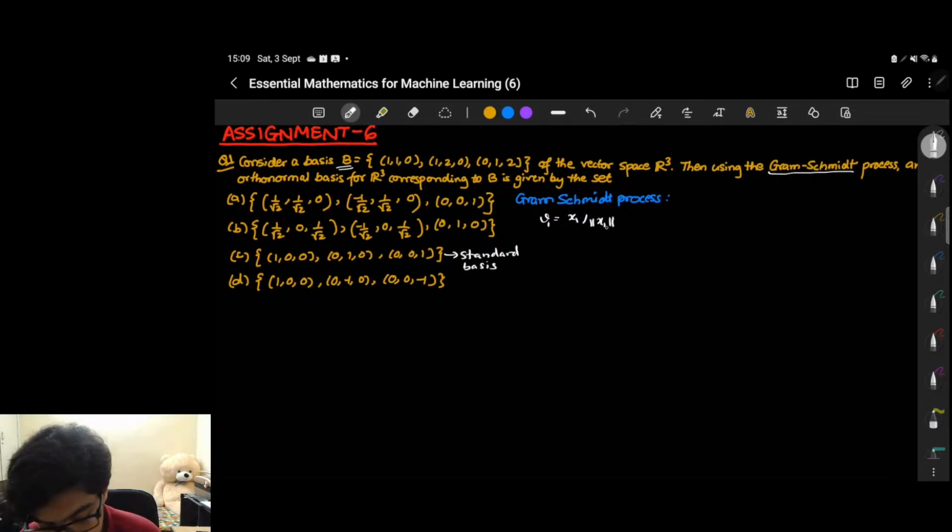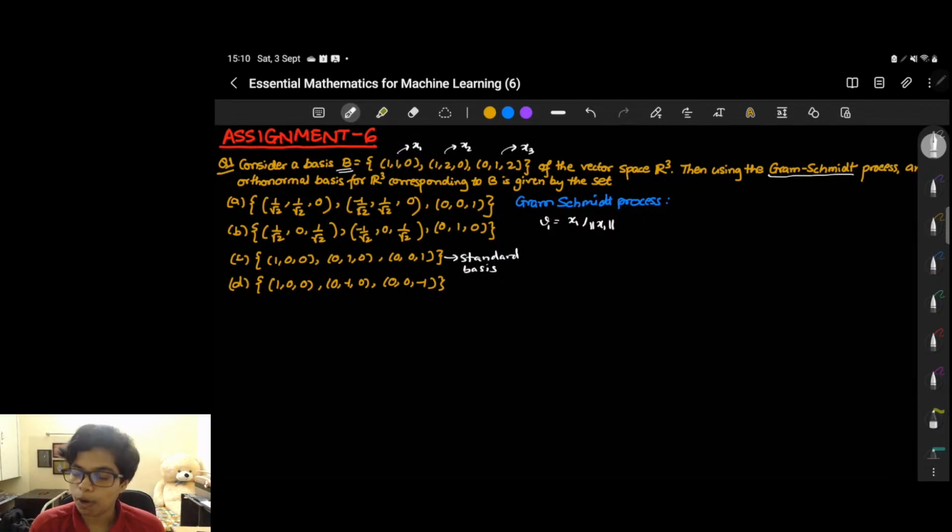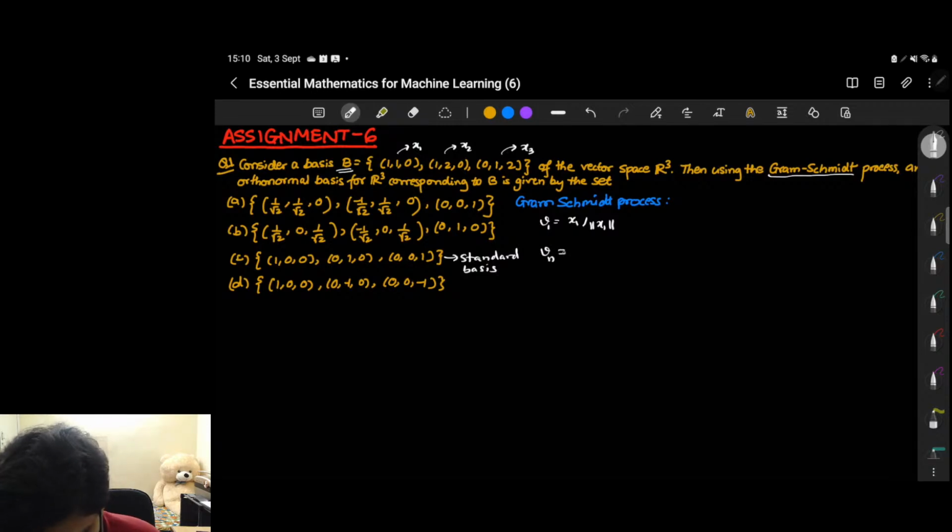So this denominator is for normalizing. And so let this be x1, let this be x2, and this be x3. So the first basis vector that we obtain is from the first vector in the basis itself that we have. So that's the first vector. And for further vectors, like the nth vector that we will obtain would be as follows.